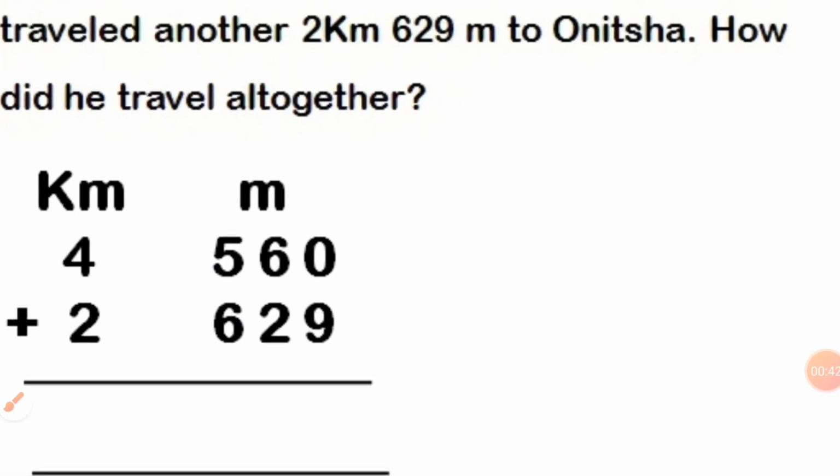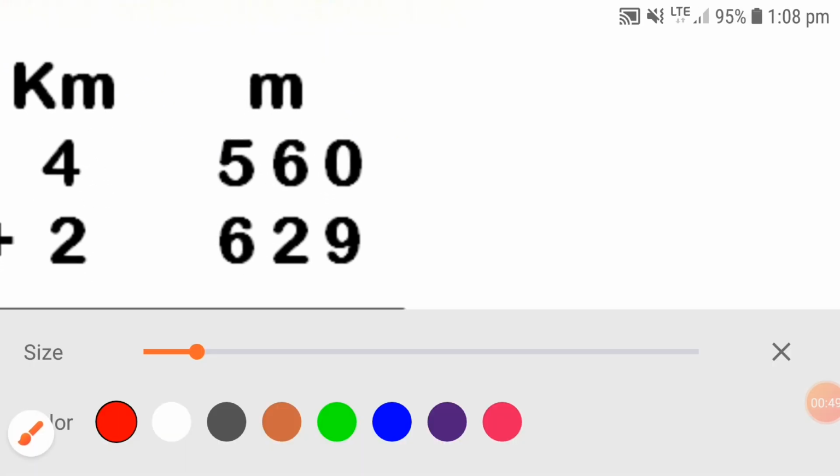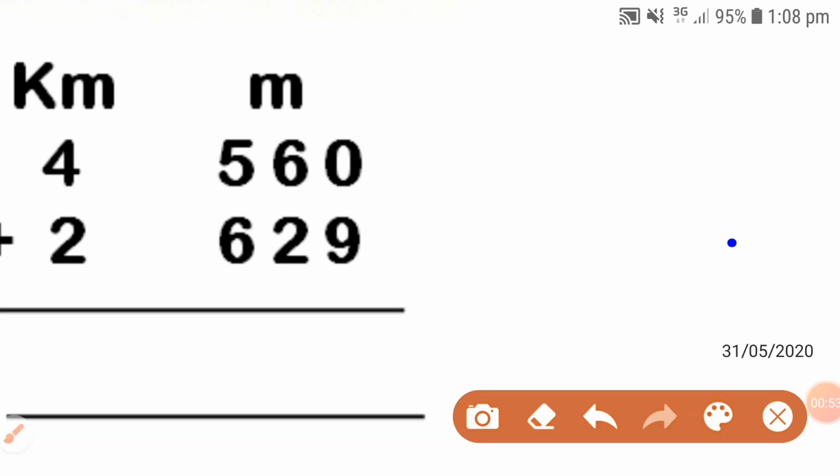Add from the unit side. So we have 0 first to 9. 0 plus 9 will give you 9. Okay, 6 plus 2 will give you 8.